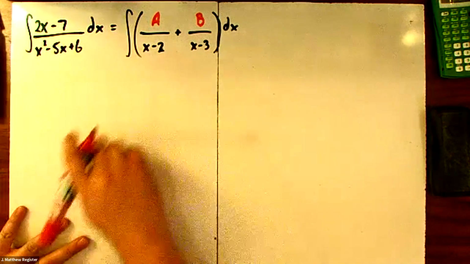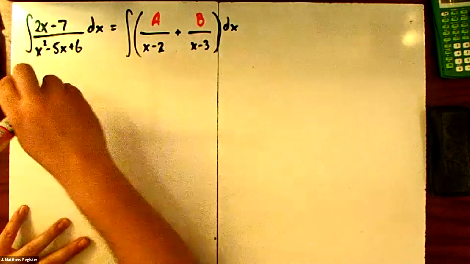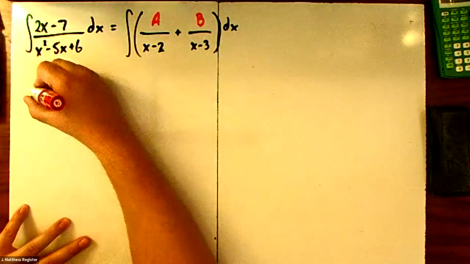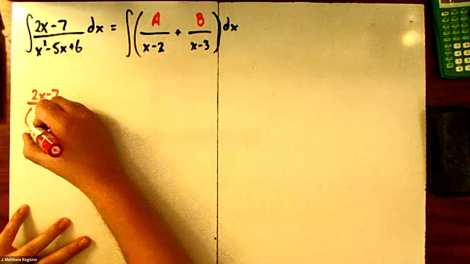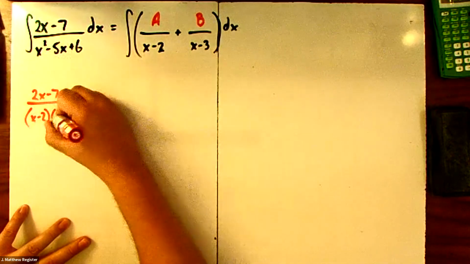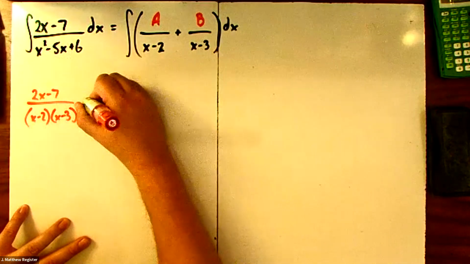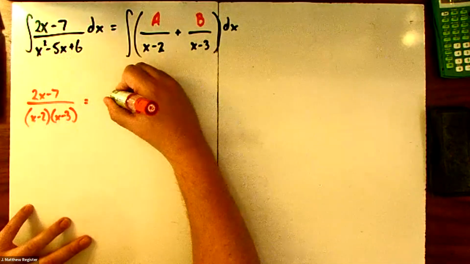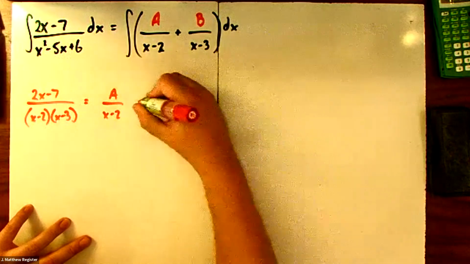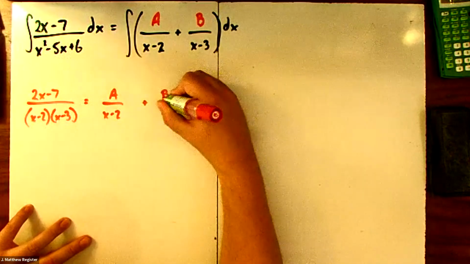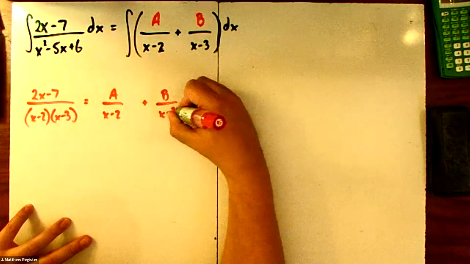So looking at this, we would start out with 2x minus 7 over x minus 2, x minus 3 is equal to A over x minus 2 plus B over x minus 3.